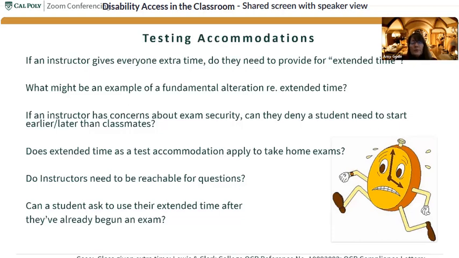Okay, the third one's about exam security. We've already covered that. Does extended time as a test accommodation apply to take-home exams? So it may. It's tricky. So we ask students to involve us if there are those situations. Students do need to be proactive in requesting accommodations.